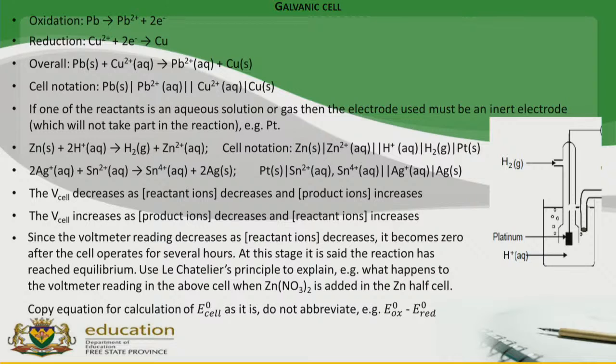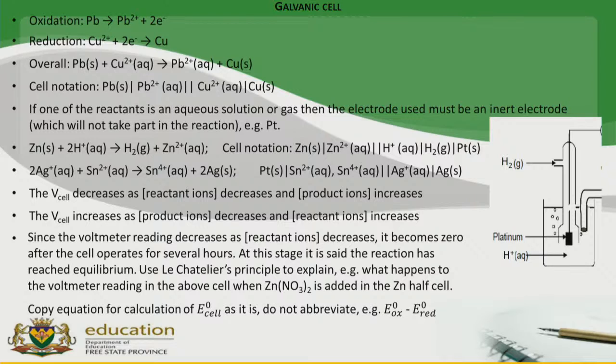If the concentration of the reactant ion increases and the concentration of the product ion decreases, therefore the reading on the voltmeter will increase. Now, as that reading on the voltmeter decreases because the concentration of the reactant ions decreases, it will decrease until such time the reading is 0.